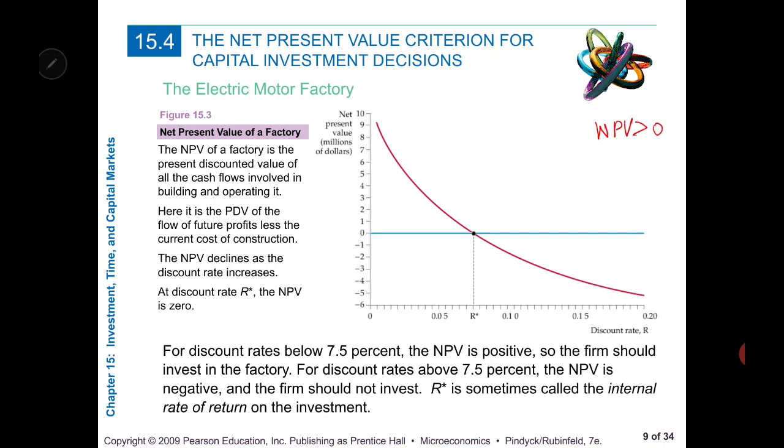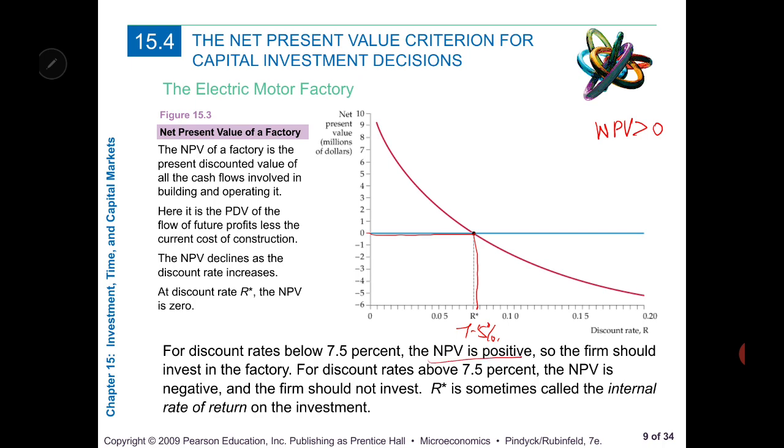So let's say the NPV equal to 0 here means that this is the R that you're going to use. If the R here is 7.5%, your effective yield must be below 7.5%.